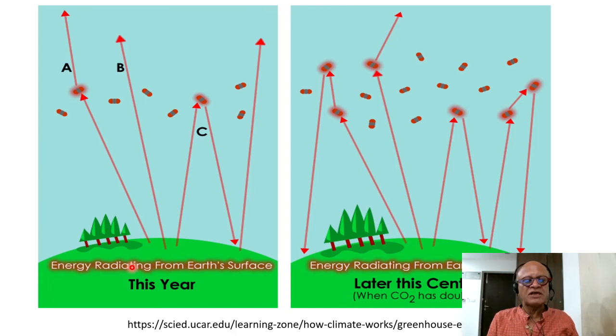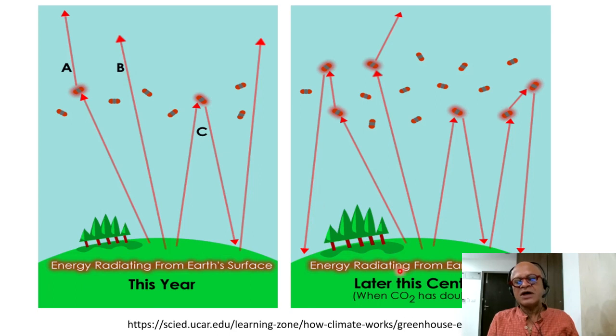So typically what happens in a simple way, energy radiating from the surface is going out to space, and imagine that there are a certain number of carbon dioxide or other greenhouse molecules, either some that allow energy to go out and deflect it, or just let the energy escape, like N2O and nitrogen and oxygen, for example.